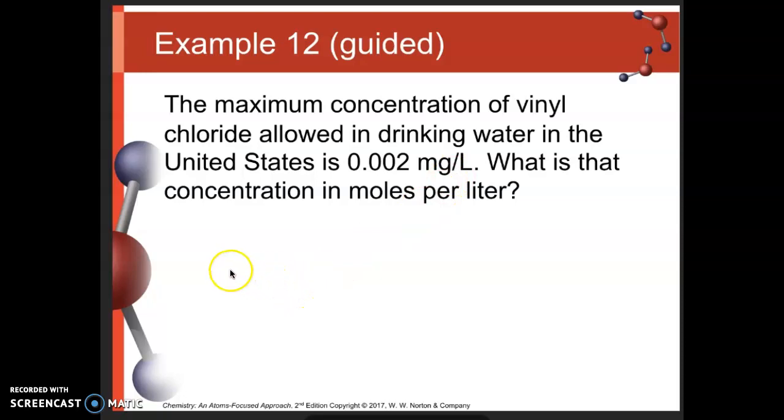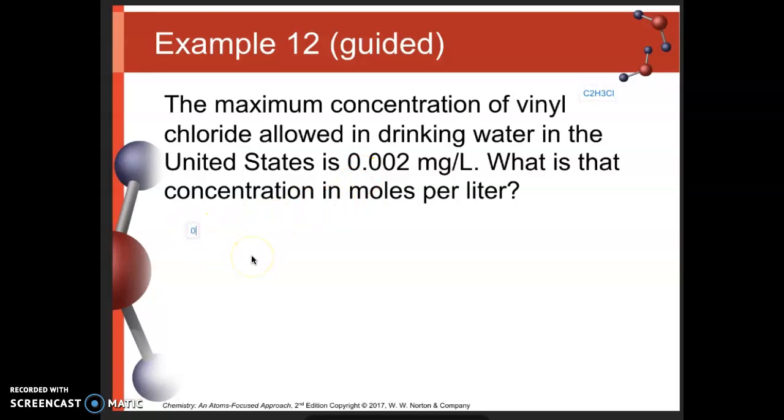Well, here's one of those examples. We did combination units in chapter 1, and this is a prime example of just that. Vinyl chloride, the chemical formula for that is C2H3Cl. That'll become important when we have to convert it to moles.